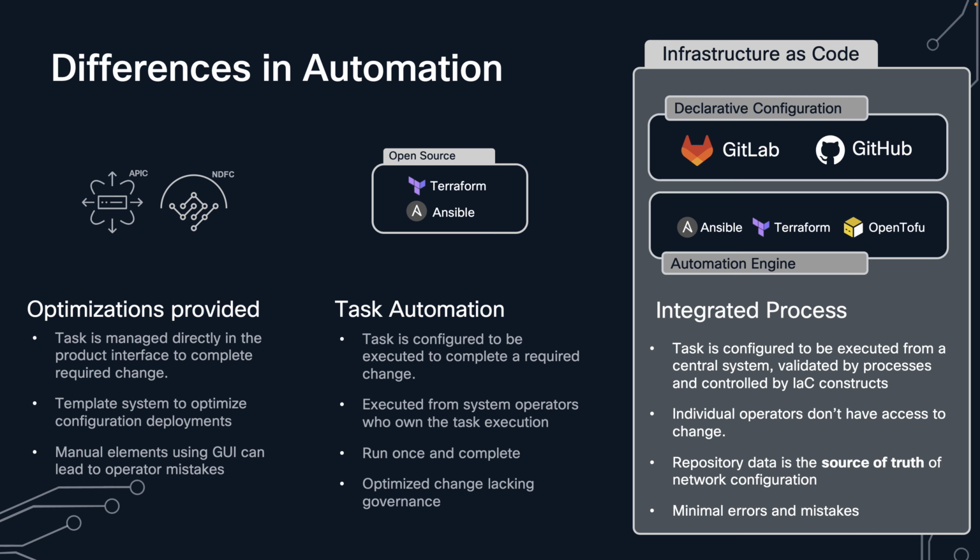So if there's a file with 25 VRFs and you're adding 5 more, you would simply add 5 more VRFs to the declarative configuration. Then the change in the code is what triggers the execution of the change in the network. That gives you, in itself, a complete view of what the network looks like inside of this code structure.